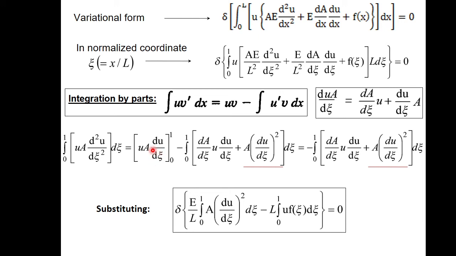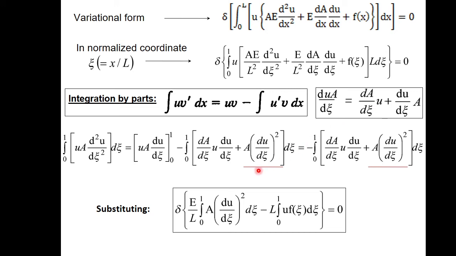This is the first part, uv, its domain is 0 to 1, minus here we are getting a derivative of the first part, which is uA, and this uA will give rise to this thing. This is what we will get from there.